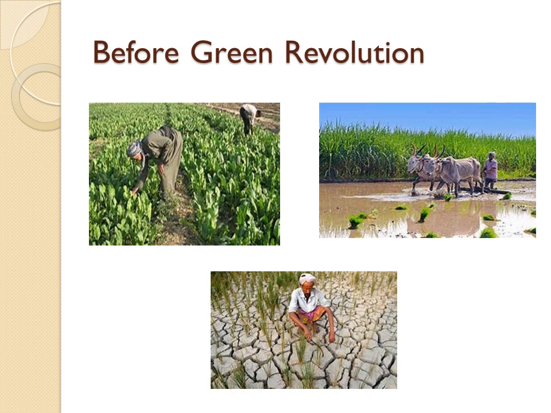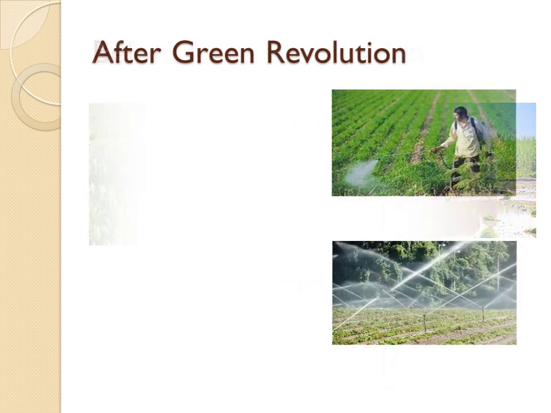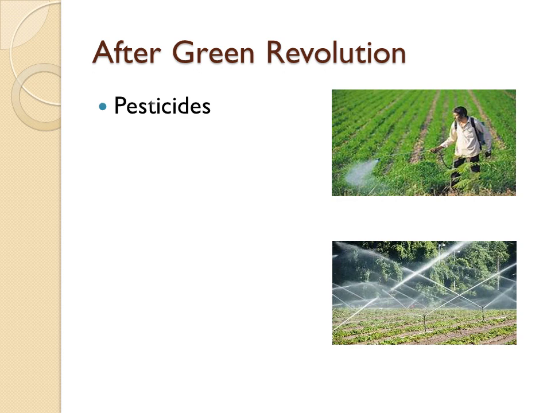But after Green Revolution, new modern technologies like tractors were used instead of bullock carts, and new pesticides were introduced to grow the crops in a better manner, and better irrigation facilities were introduced in the country so that the yield of production would increase to the maximum level.